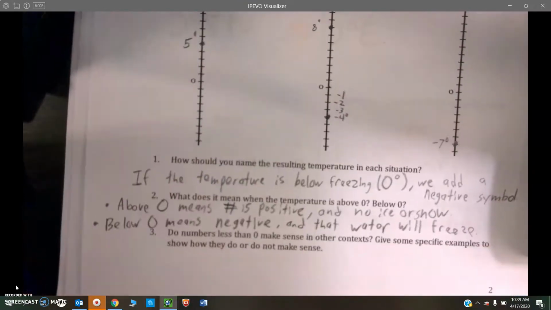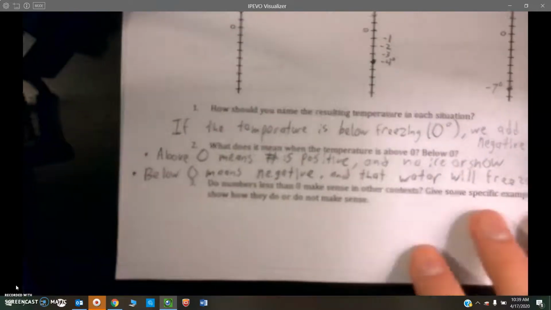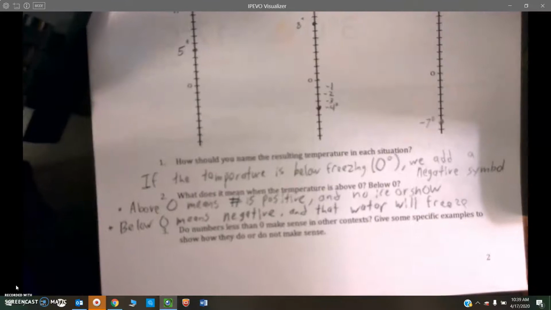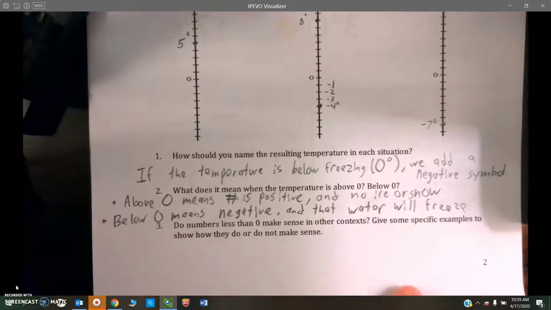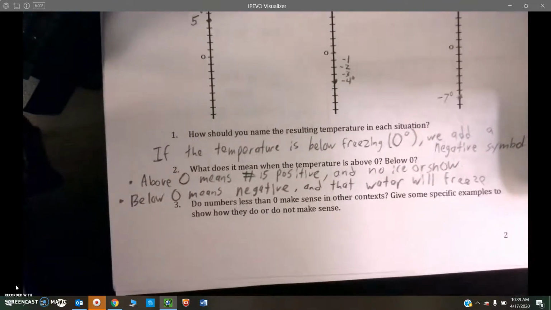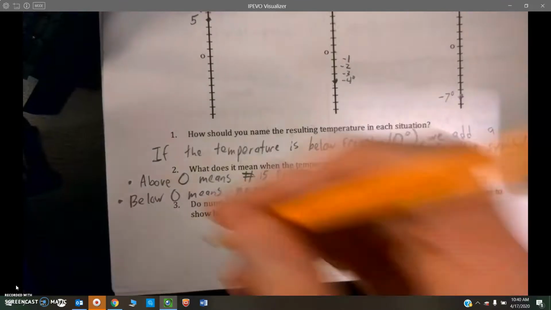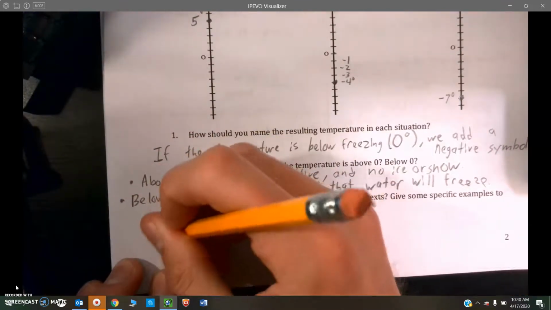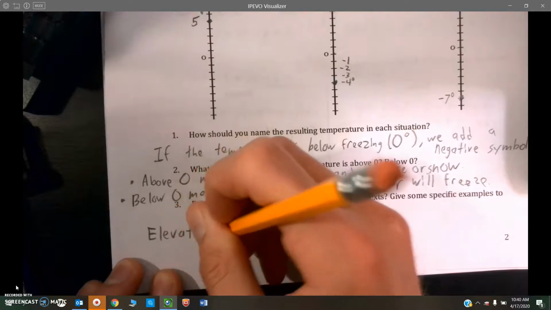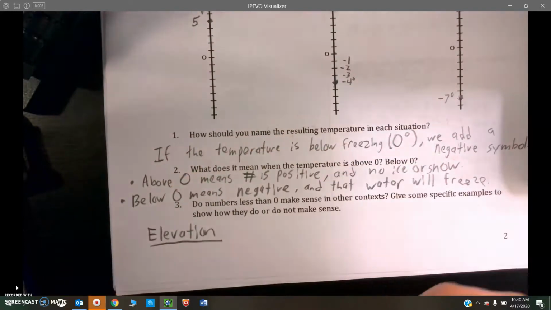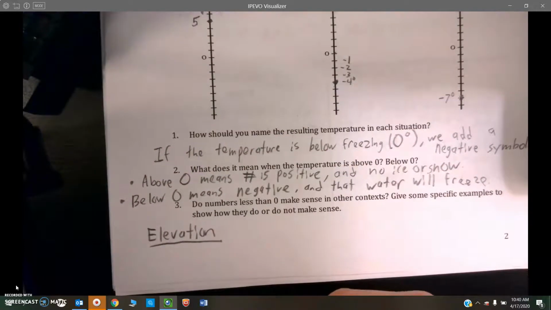Okay. And the final question, do numbers less than 0 make sense in other contexts? Give some examples to show how they do or do not make sense. Okay, so we know from the beginning of the lesson we're going to talk about elevation, which is how high or low a landmass is.